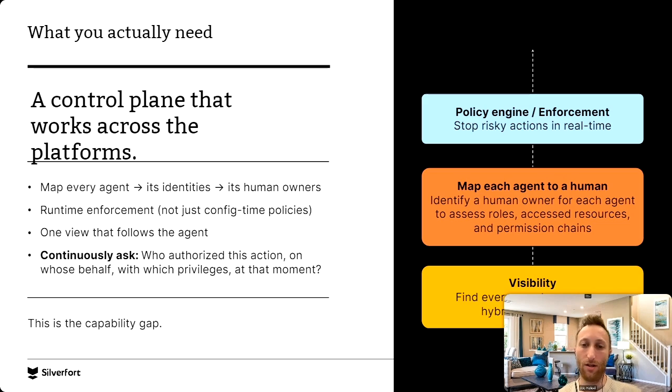Okay. And I think the first step that we see and that we believe in is that you need a map, right? Without a map, without visibility, you can't really understand what's going on in your environment. So first you need to discover all of your agents, and I'm sure you are all aware of the shadow AI challenges that you have in your organization. Once you've discovered everything, you need to make sure that the right information is there, right?